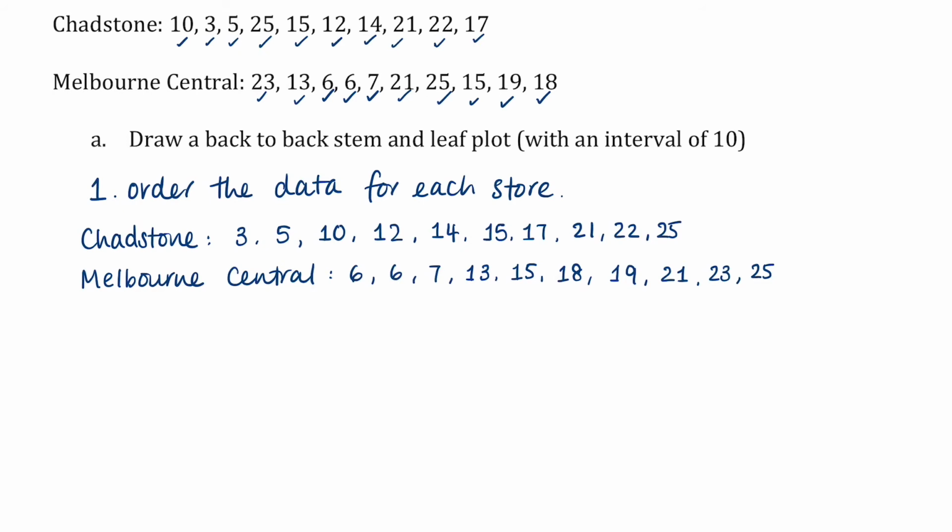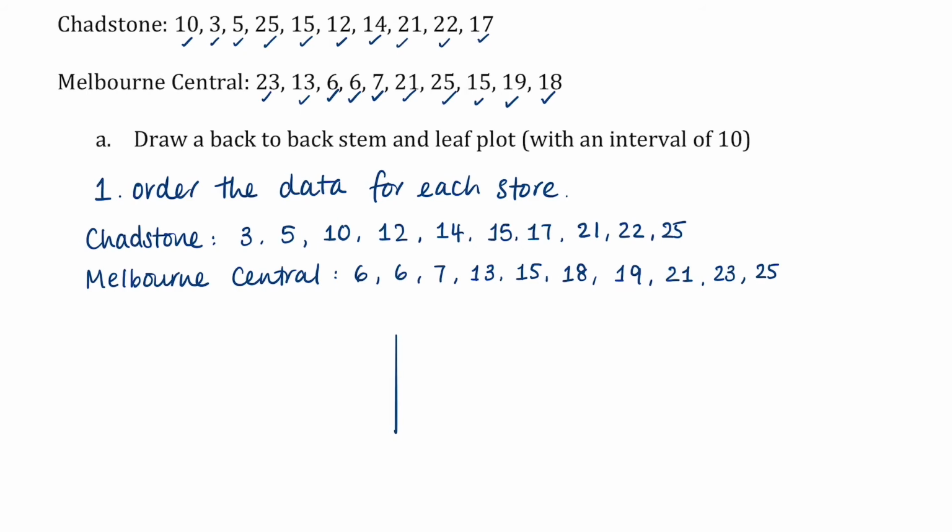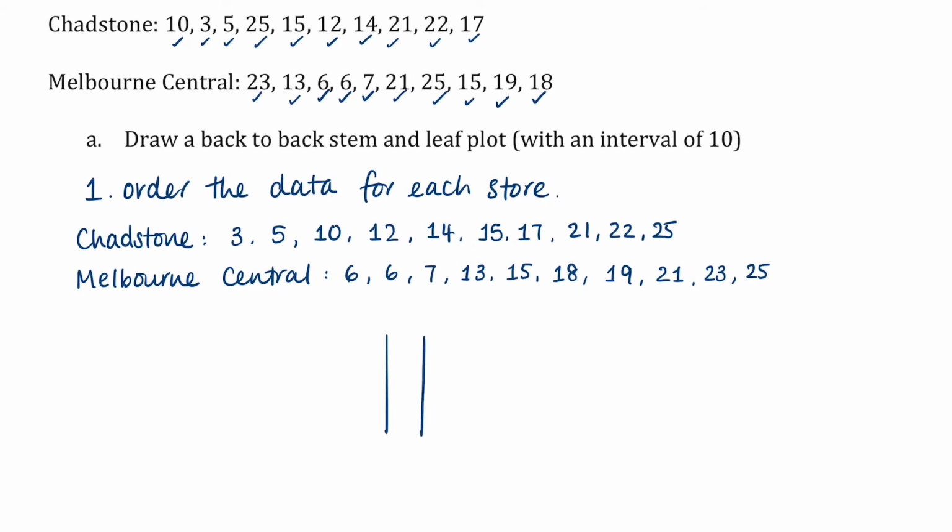So what we're going to do first up is I'm going to draw my stem and then I'm going to draw two lines around it. So this here will represent my stem, this side will represent my leaf, and the left-hand side this time is also going to represent my leaf.